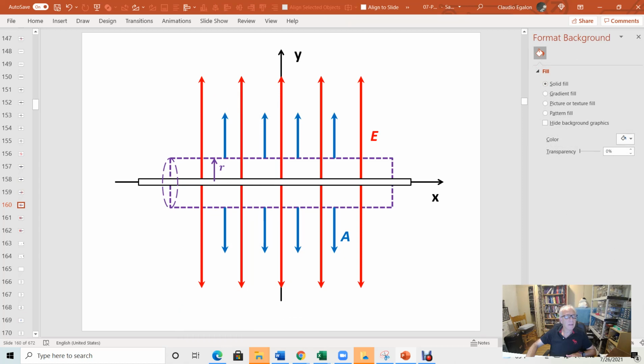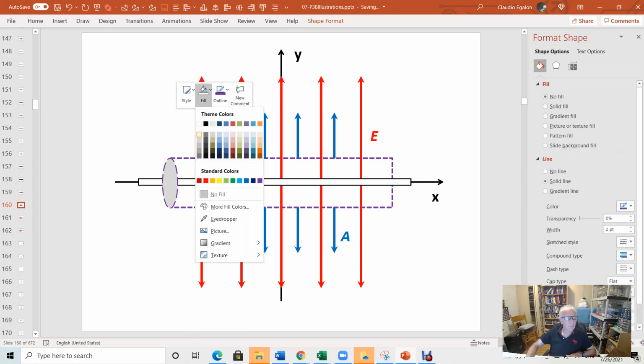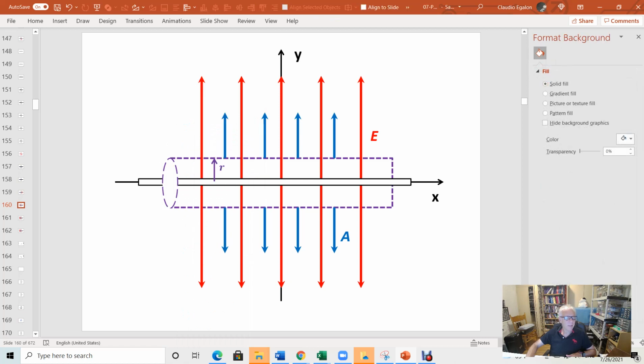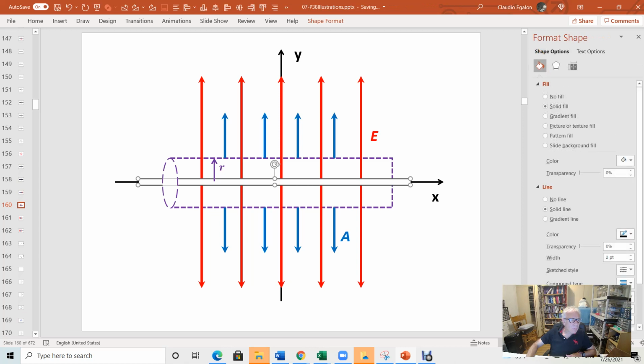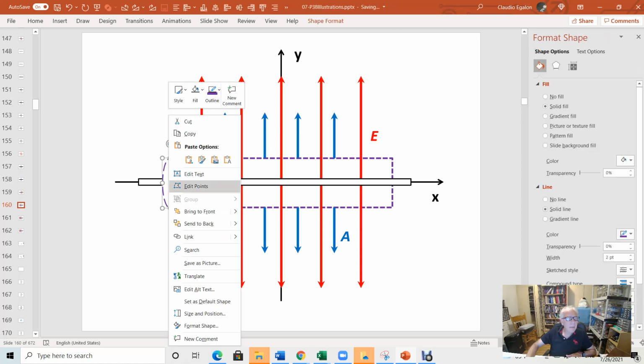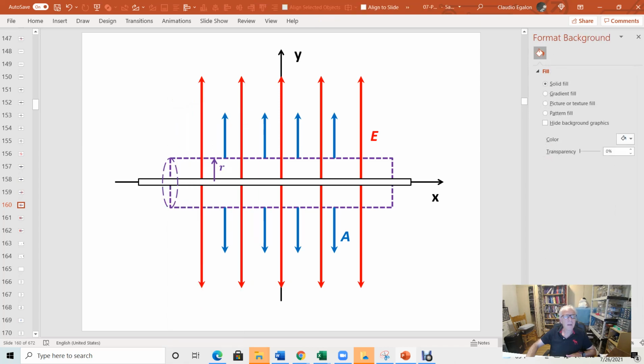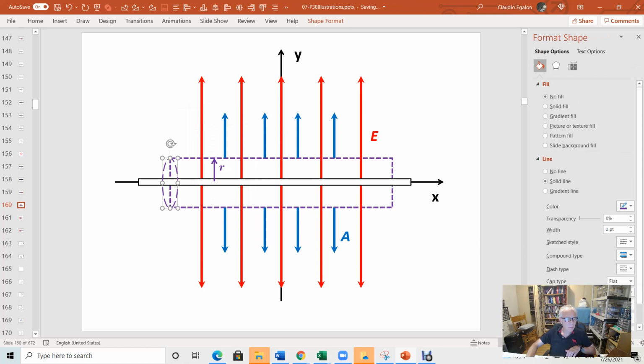Like that. And now instead of no fill, I'm going to put a fill there. Do you believe me? I'll have to make it transparent. There's no fill, okay? And you would have the same surface here on the other side.